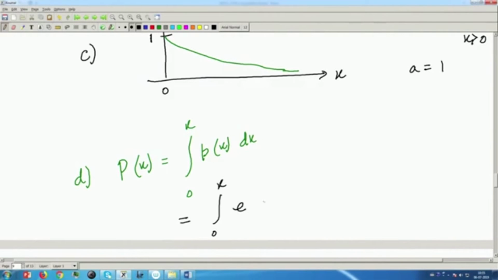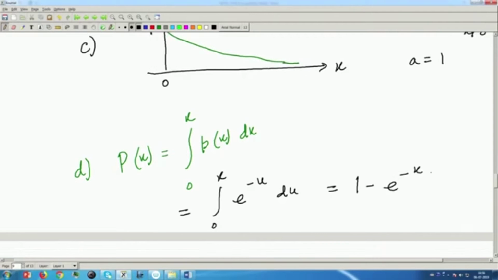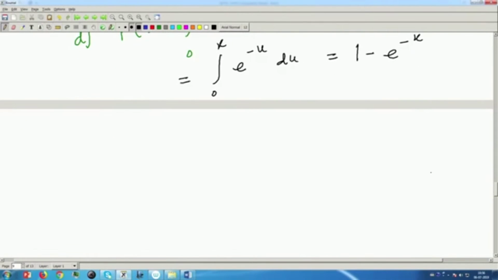Then you change the variable, for a equal to 1, e^(-u) du. If you do that, it will come as 1 minus e^(-x). So, you can again sketch this.